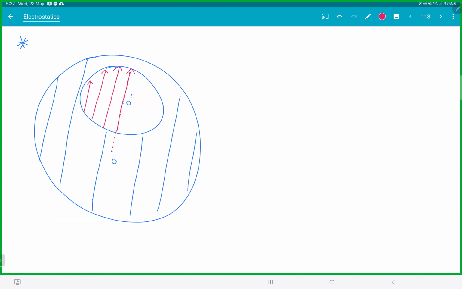This is how the field lines will be. So E inside, you need to definitely mug up the result: rho by 3 epsilon OO dash bar, a constant vector.